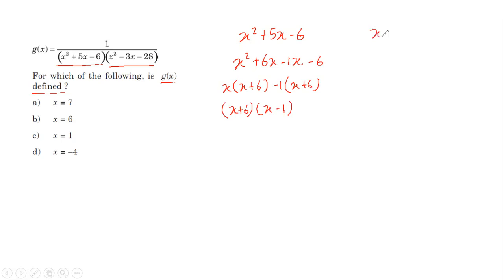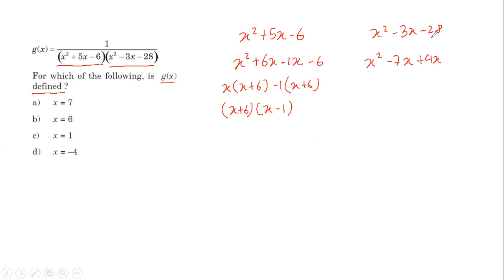Similarly, I'll factorize the other equation also, x square minus 3x minus 28. If I do the factorization here, I want the product to be negative 28 and the sum to be negative 3. So 7 times 4 is 28. x square minus 7x plus 4x minus 28.